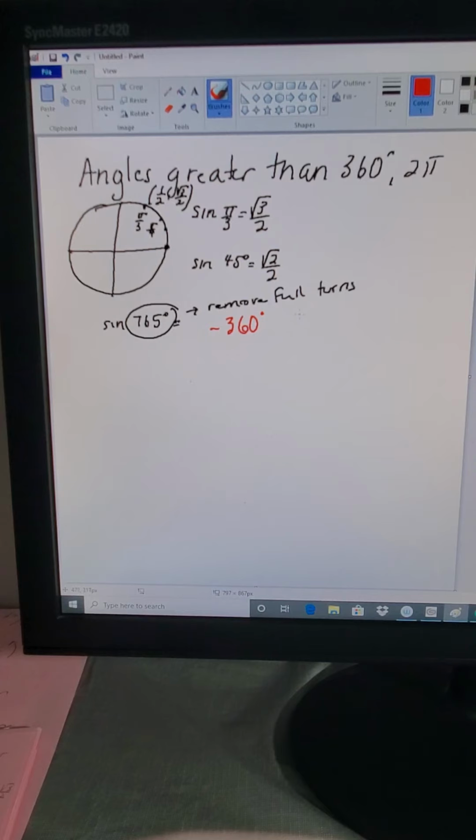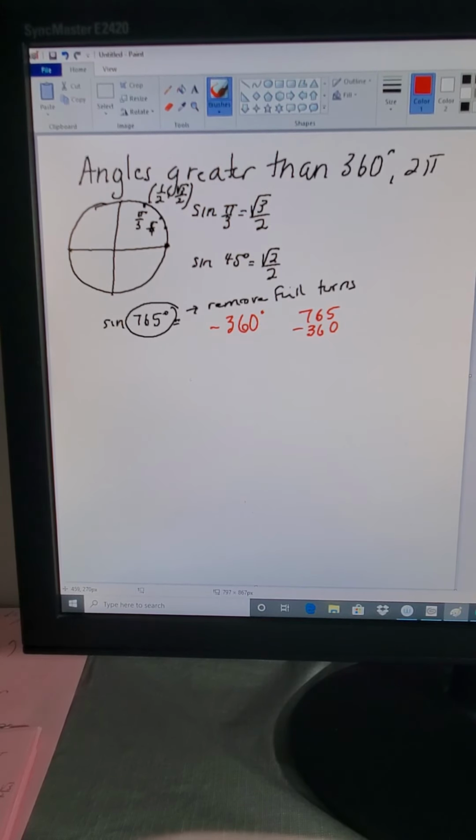There are different ways of doing this, but the numbers are not too big, so I'll just do it this way. 765 minus 360 is 405. 405 is still too big. If you subtract 360 again, that's 45 degrees.